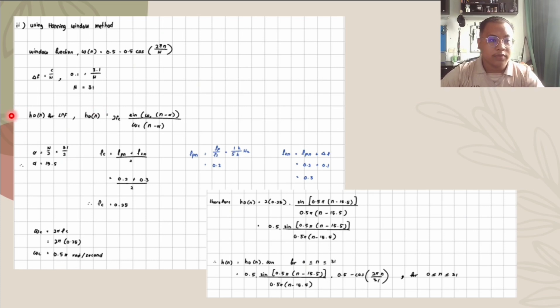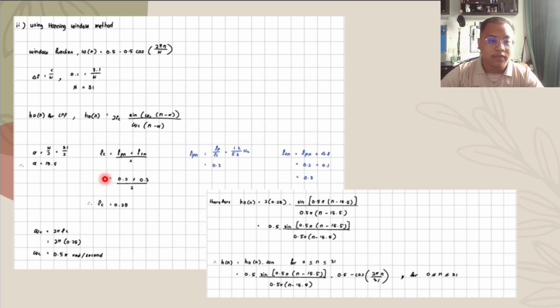So we input into the original equation, where hd(n) for a low pass filter is 2 fc sin(omega c (n minus alpha)) over omega c (n minus alpha). For this, I'm looking for the value of alpha, which is N over 2, equal to 15.5.